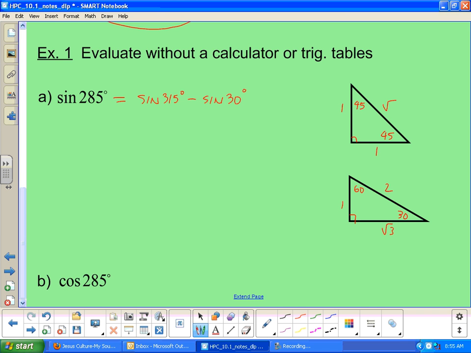You could do it that way. And why am I using 315 and 30? Because we know the sine of 315 is a negative root 2 over 2, and the sine of 30 is a 1/2.